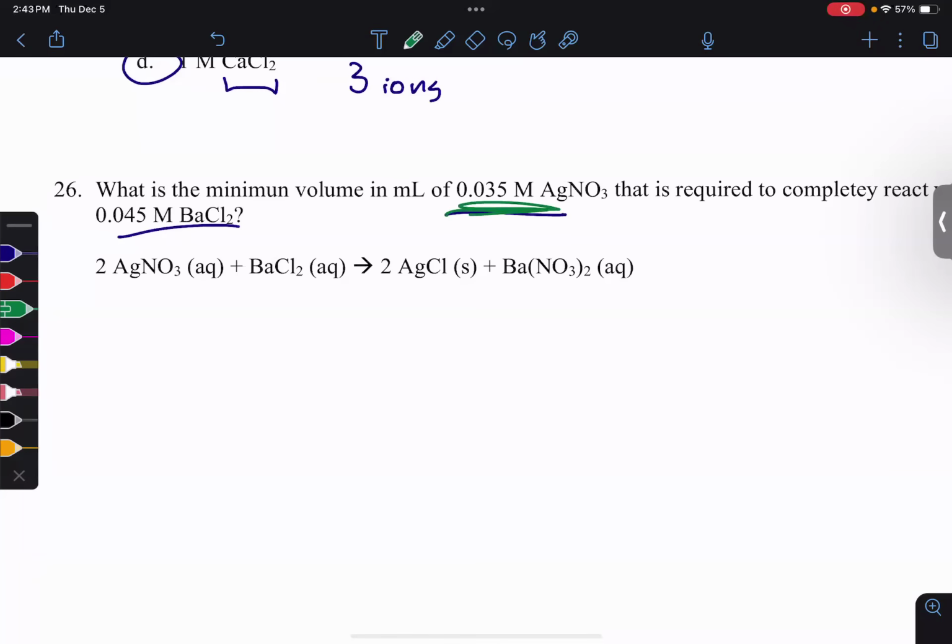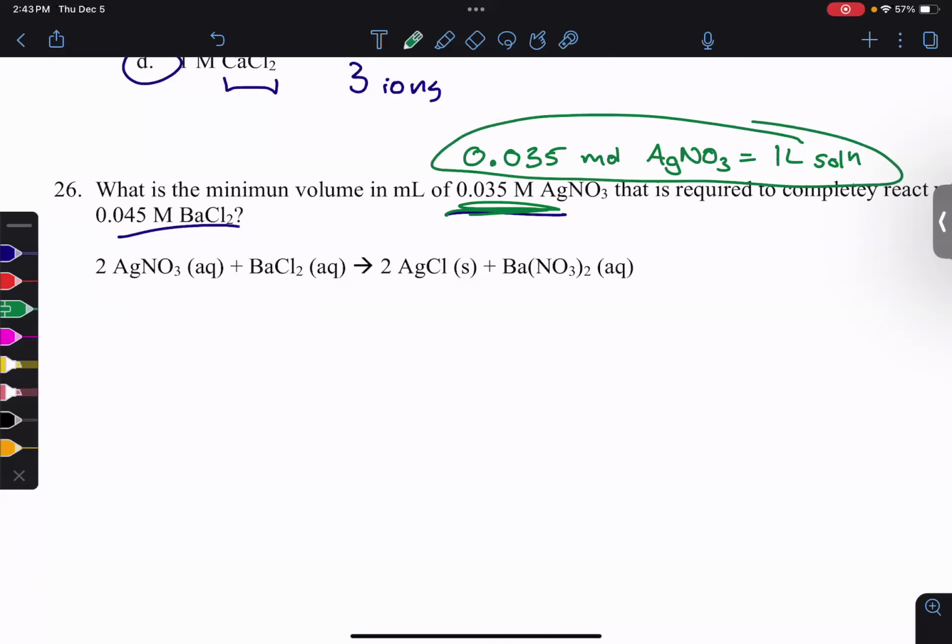So I'm going to rewrite this into 0.035 moles of silver nitrate is present in 1 liter of solution. That is what molarity means. Okay? If something is 5 molarity, it means you have 5 moles of that stuff in 1 liter.